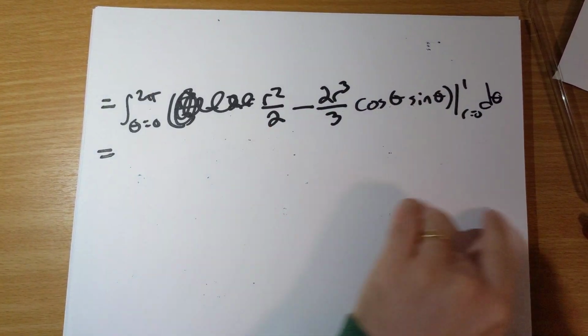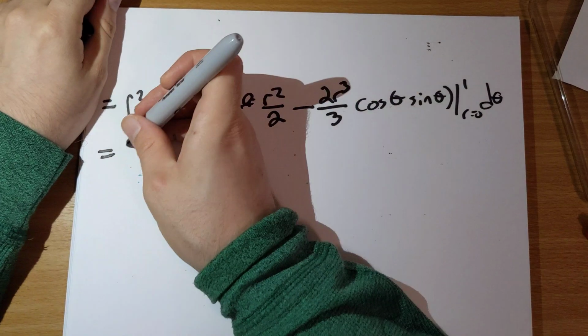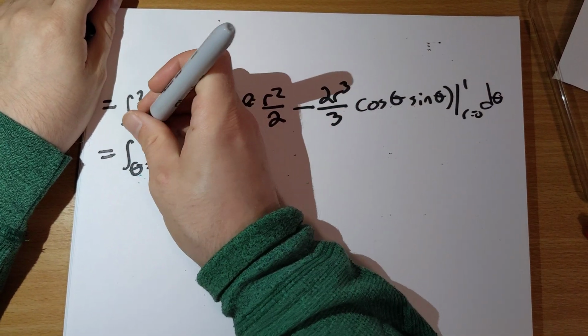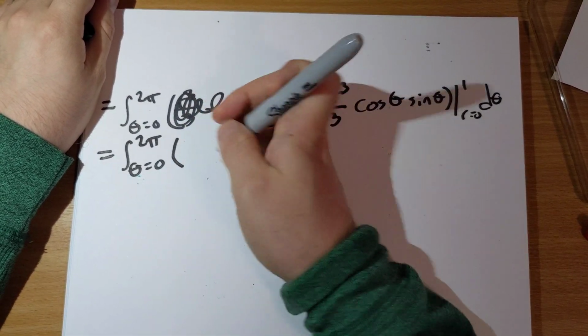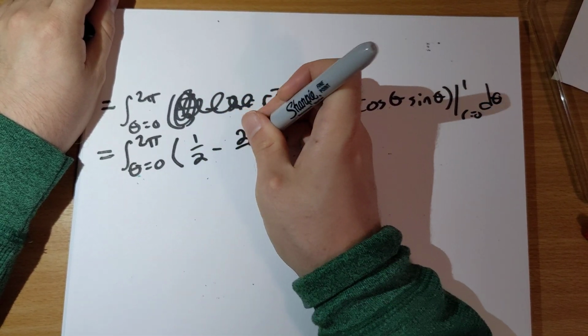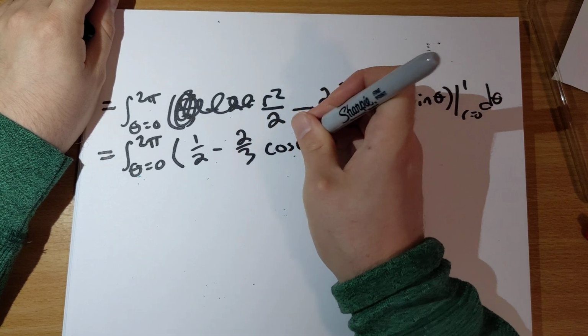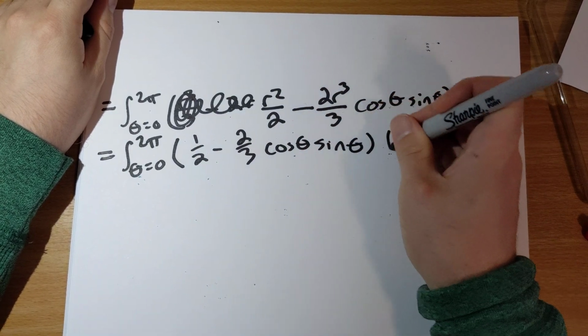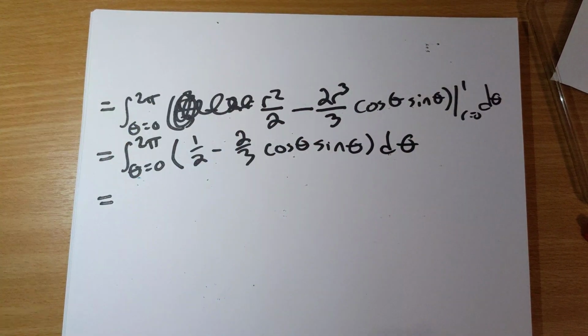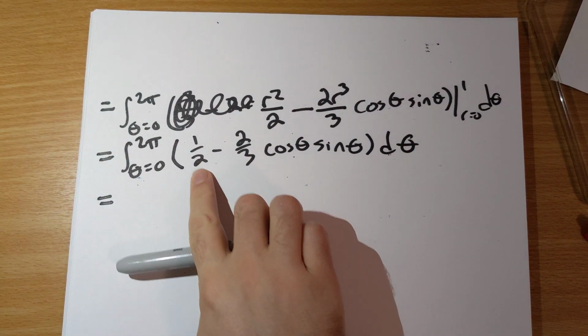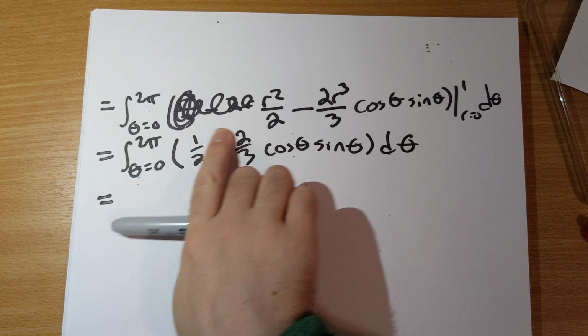And at r equal to 0, this will just be 0. So this is just theta from 0 to 2 pi, the integral of 1/2 minus 2/3 cosine theta sine theta d theta. Okay, so let me just write down the final answer at this point.